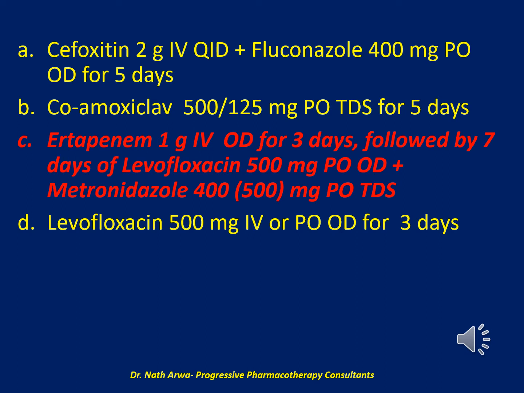Answer B is incorrect. Although amoxicillin clavulanate would have a potentially appropriate spectrum, there is concern for increasing resistance and lack of data for a 5-day course as alternative to surgery. Answer A is incorrect because a 5-day course for cefoxitin has not been evaluated as an alternative to surgery, and empiric antifungal therapy is not indicated.